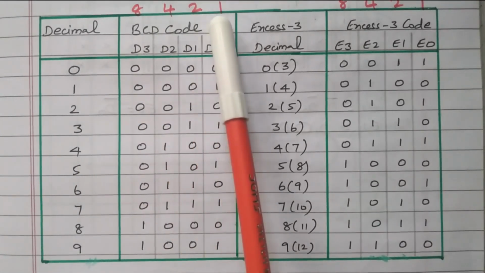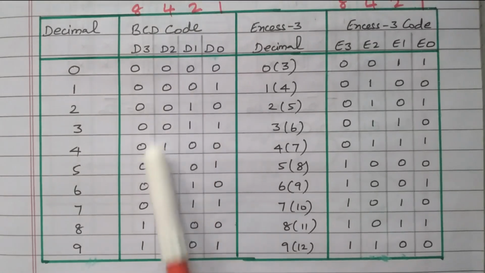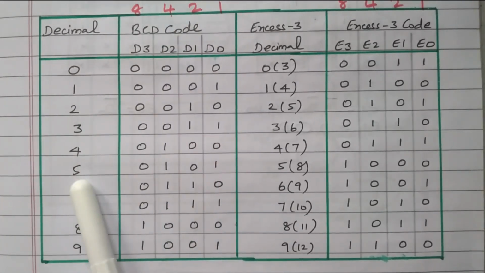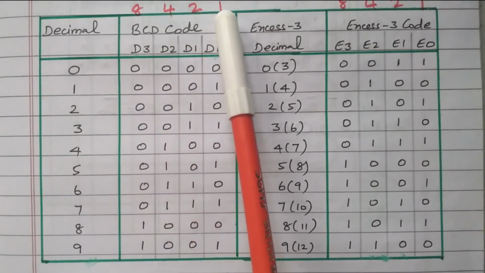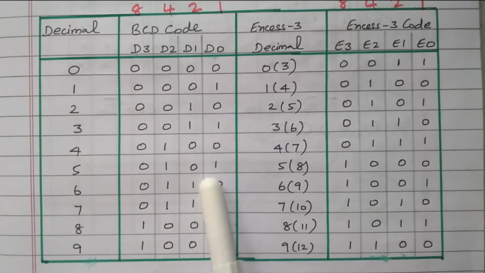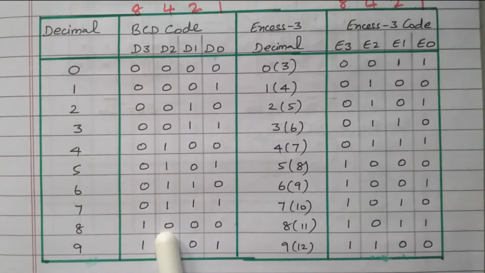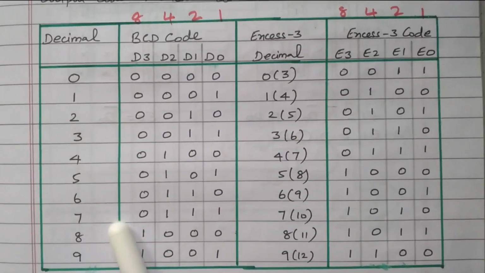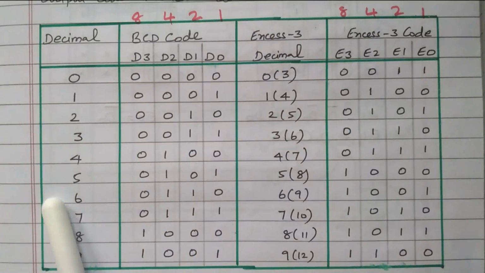I am telling from the MSB. Third digit is 1. So that 0, 1, 0, 0 means 4. 5 is represented by 4 and 1, that is the first digit and third digit, 0, 1, 0, 1. So we will get 5. So like that it is represented, using the weightage 8421, we are representing the BCD. It's a normal one. Normal BCD number is represented.